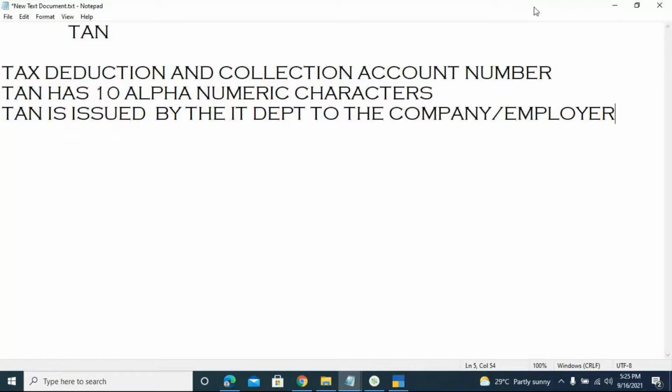Yes, so TAN is issued by the Income Tax Department to the company or the employer, the person who deducts TDS. Yes, so TAN is issued to them.